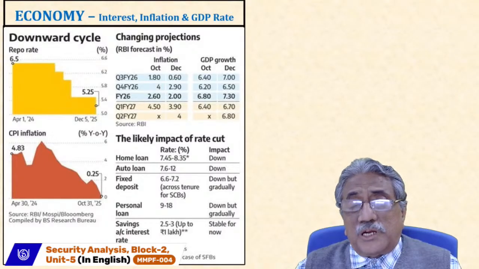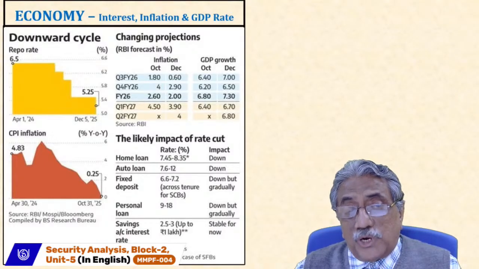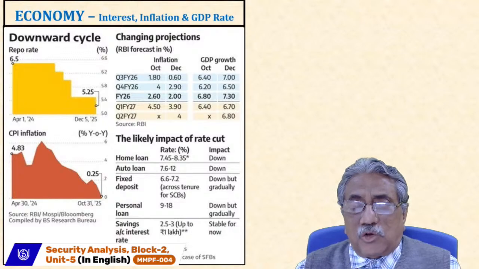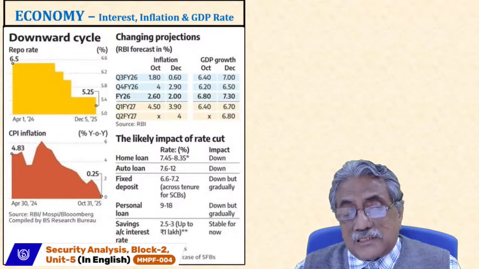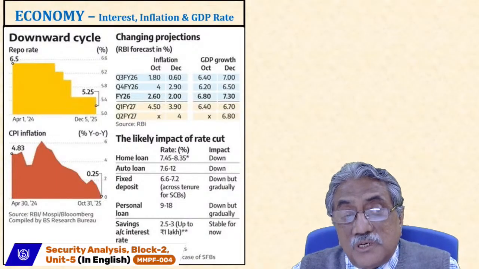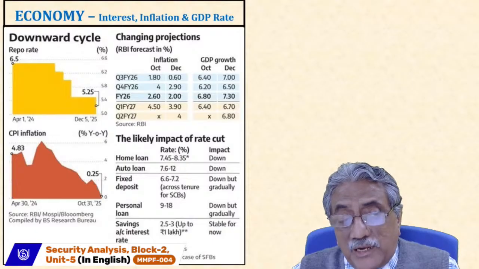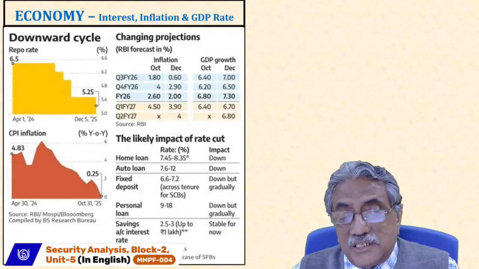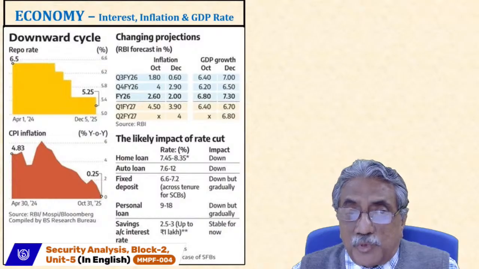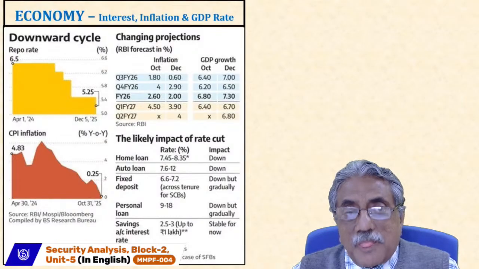Or if I have a loan at a higher cost, I can borrow at a lower cost and repay that higher cost money. Like this, the company will reorganize their business because the economy is doing well, with a downward cycle in the repo rate, inflation is less, GDP we are one of the toppers, etc.